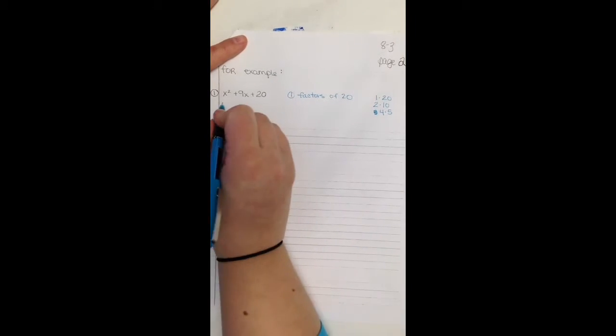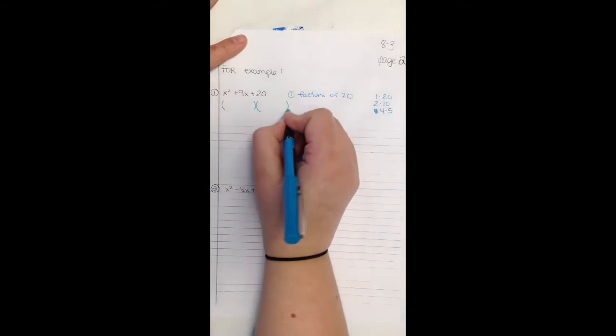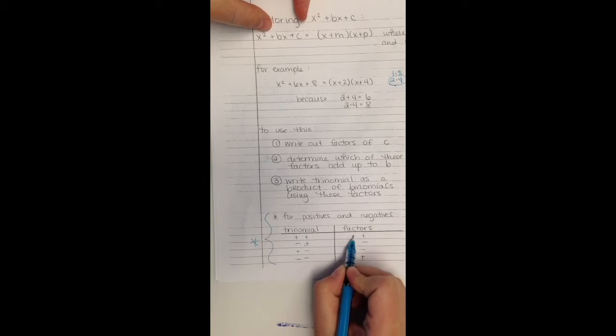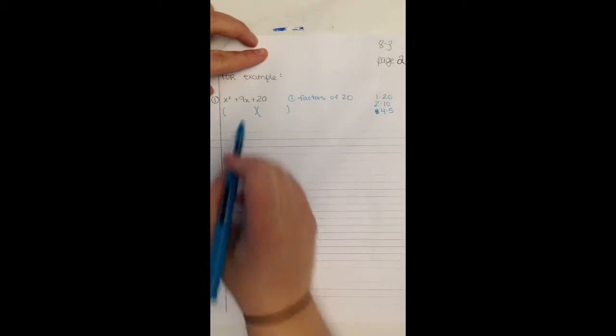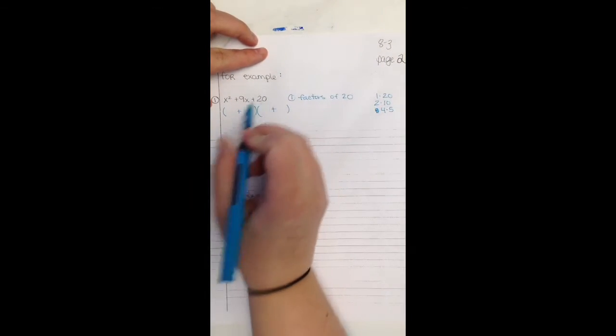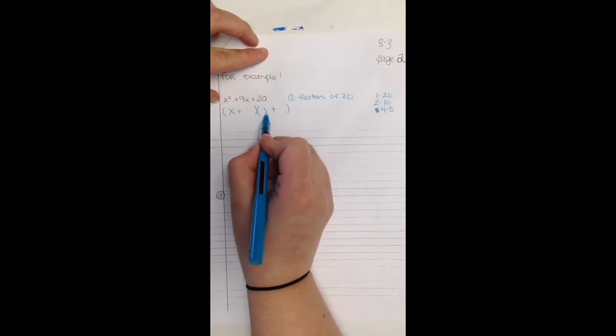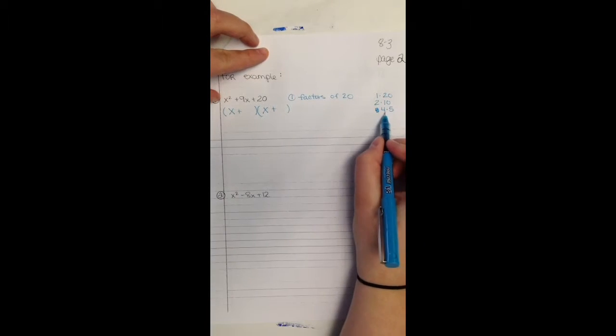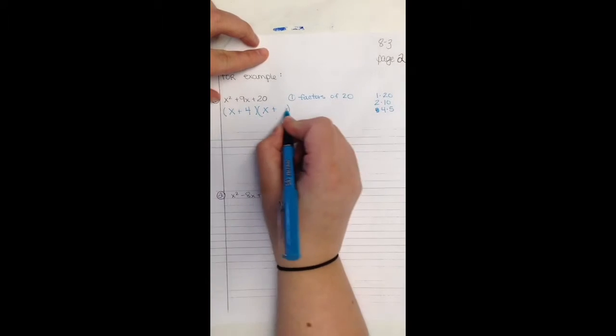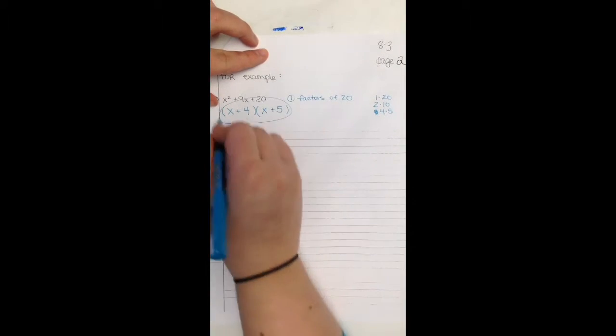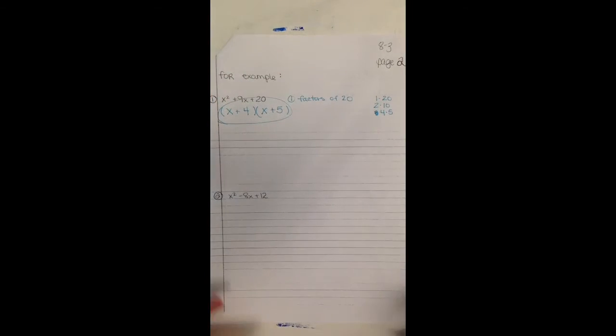Doesn't work. But 4 and 5 add up to make 9. Now I have a plus plus, so if I refer back to my chart, a plus plus gives me a plus plus. X's go in the first positions, and then I have 4 and 5. They go in here. And that's all I have to do to factor that.